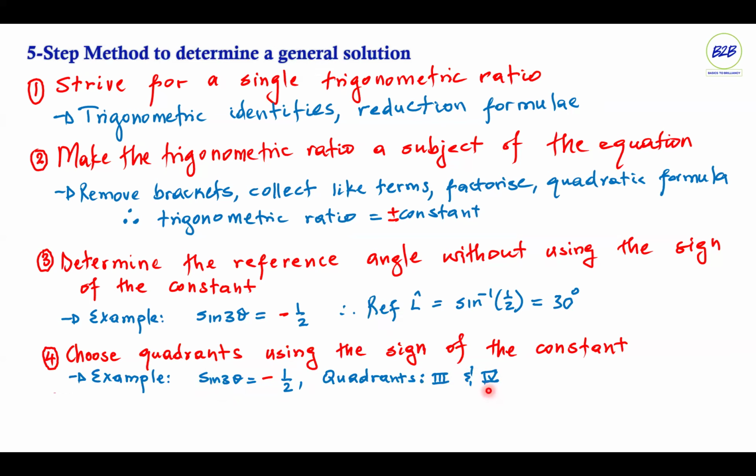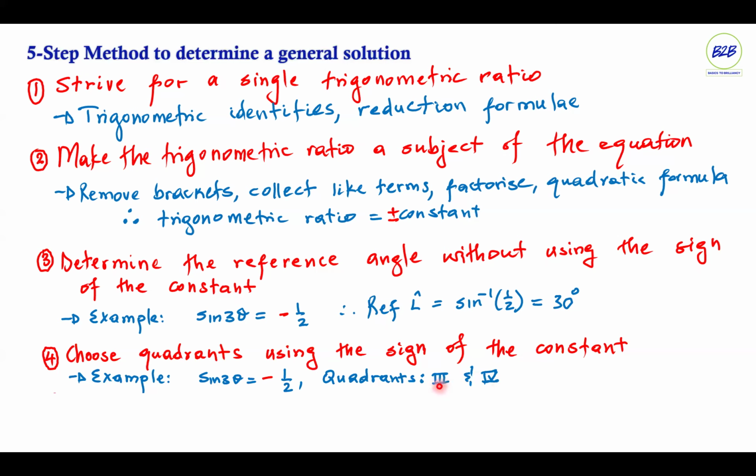So that is how we choose the quadrant, using the sign of the constant. The constant at this moment is negative. Therefore, the trigonometric ratio sine is negative, and those are the quadrants that we are going to select.